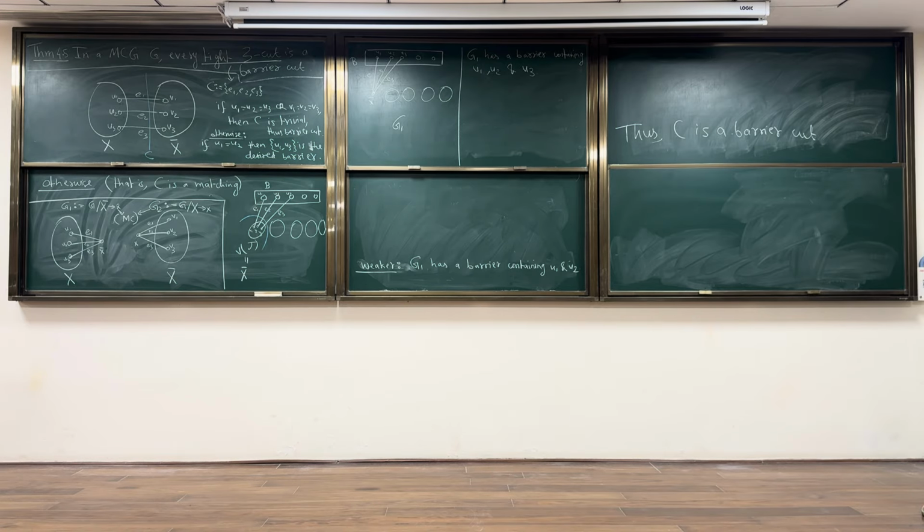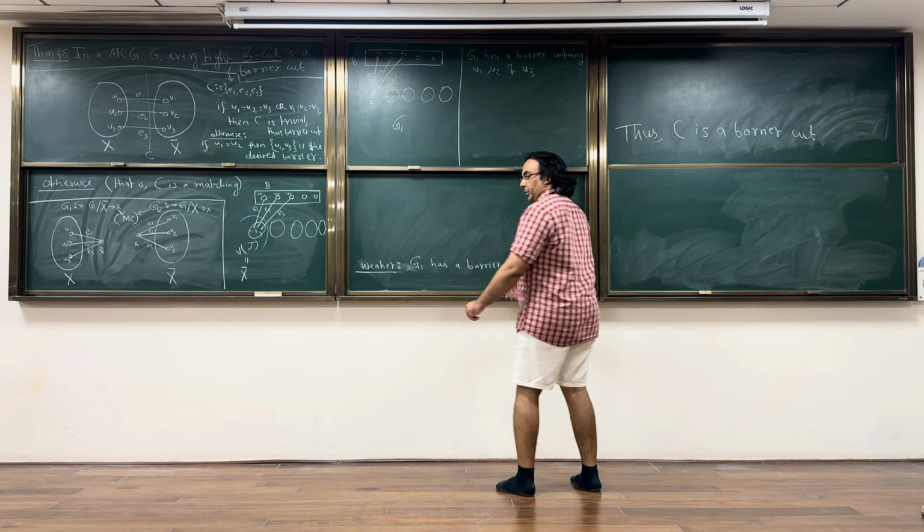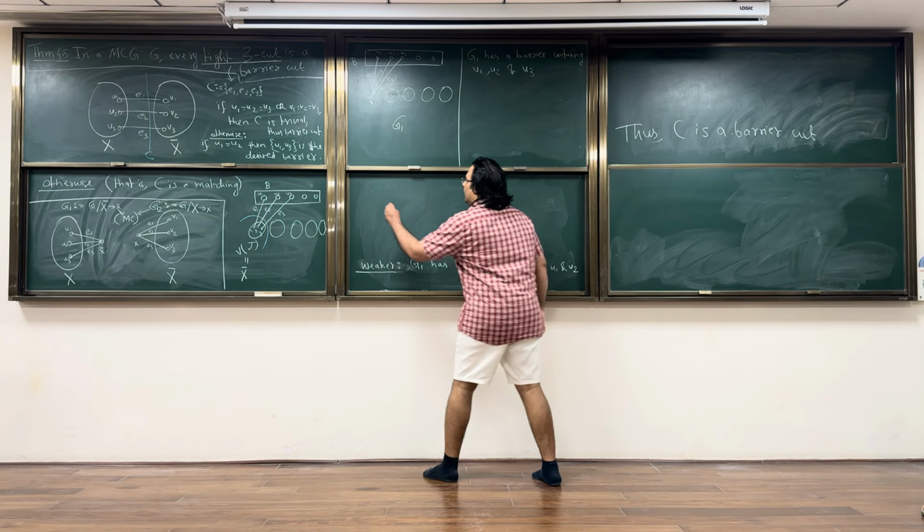G1 minus U1 minus U2 is matchable. And similarly, G2 minus V1 minus V2 is matchable. If both of these are true, then I will not get such a barrier in either of the graphs for the corresponding vertices. So let's suppose both of these graphs have a perfect matching.